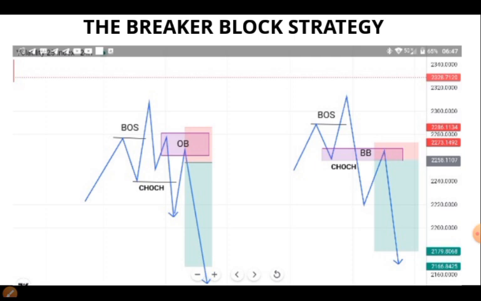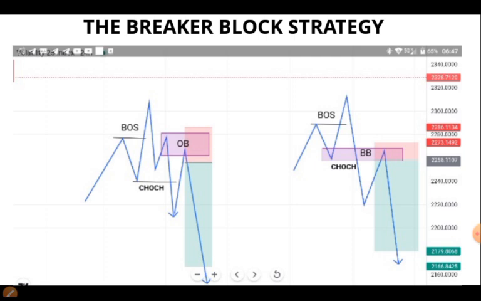Okay, so basically, I want you to have this understanding that people have different perspectives of every concept in the market. We have different approaches to different concepts in the market. So what I'm going to be teaching you about breaker block today is based on my understanding and my method of trading and approaching breaker block.